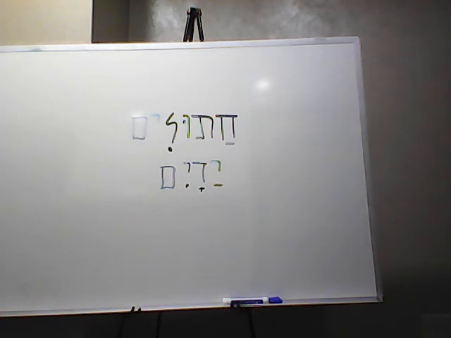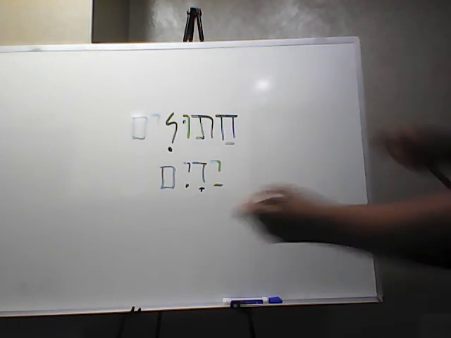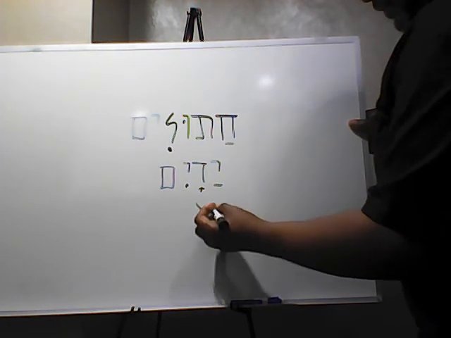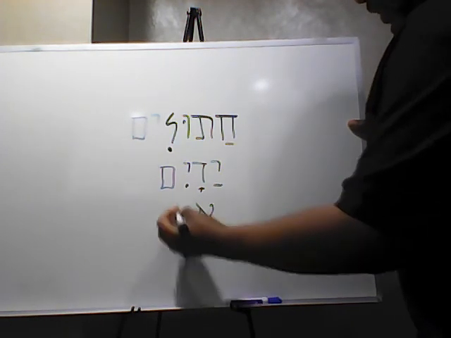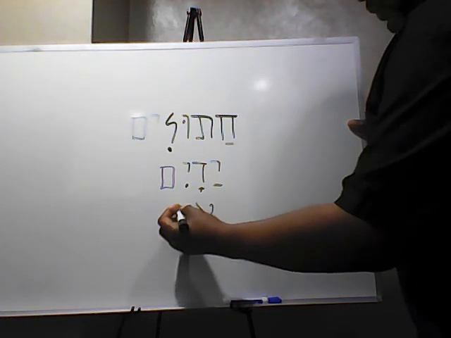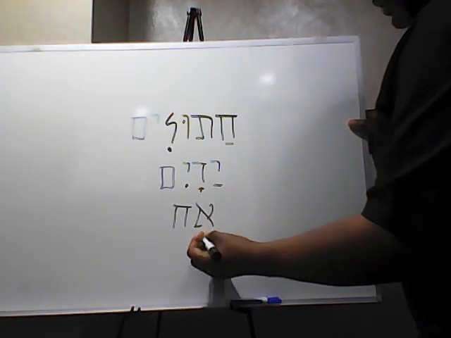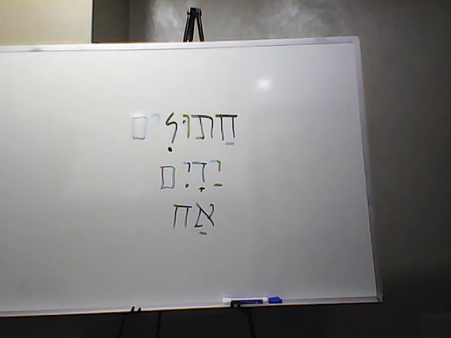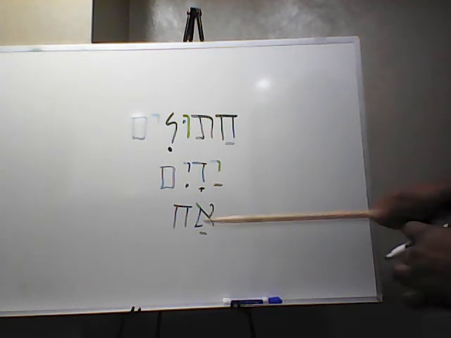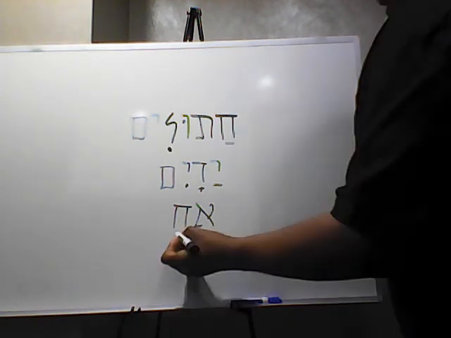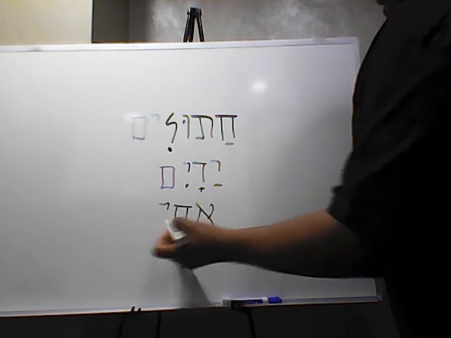What is the other thing we want to work on in this case? Let's look at this word here. We have the word ach. Ach means brother. Achi means my brother.